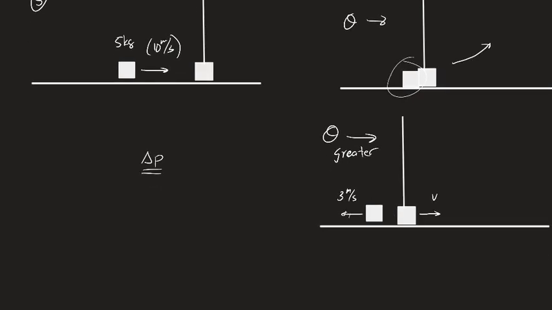So that momentum is going to be 5 kilograms times negative 3 meters per second plus 20 kilograms times my unknown velocity v, and that has to equal 50 kilogram meters per second. That is the momentum equation for that collision.